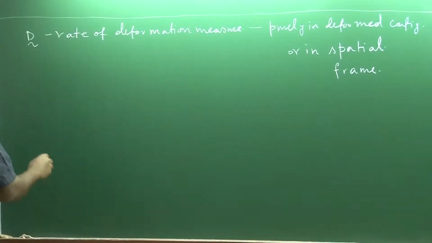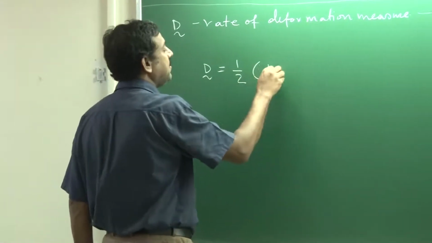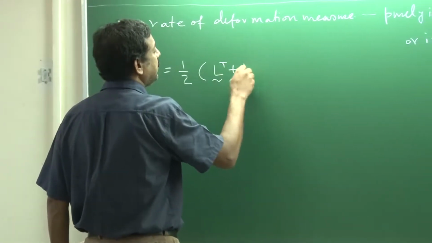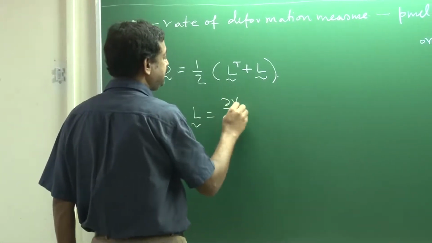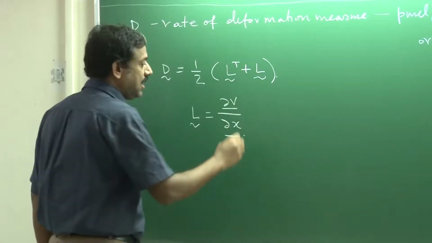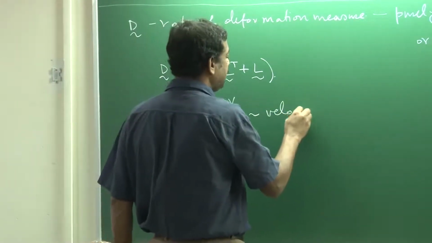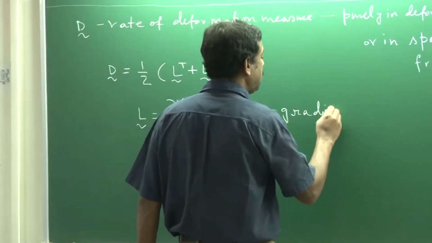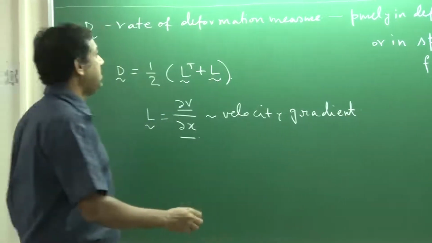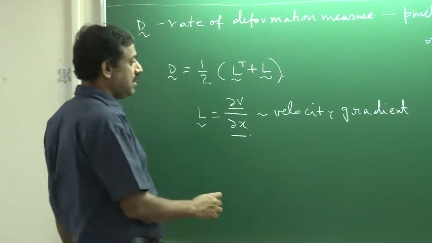And then the rate of deformation tensor, the way we can express this is half of L transpose plus L, where L is the velocity gradient. So, the rate of deformation tensor is basically the symmetric part of the velocity gradient tensor.